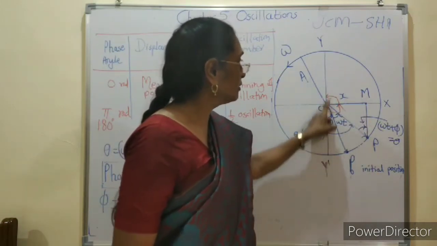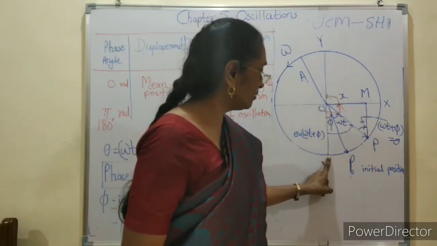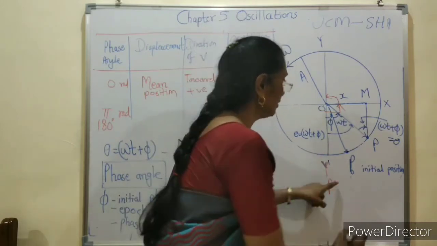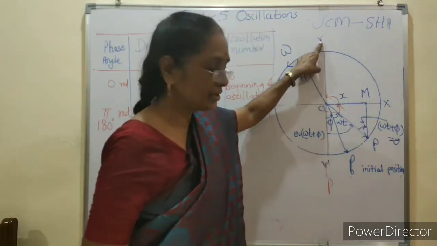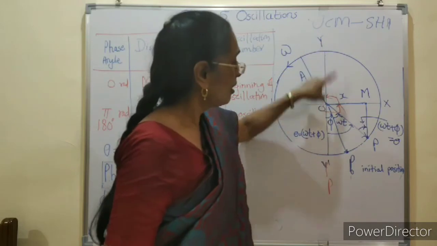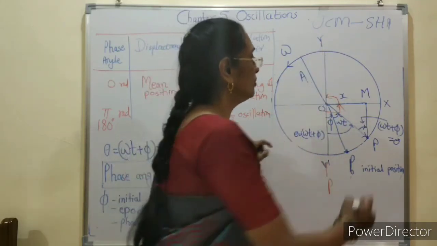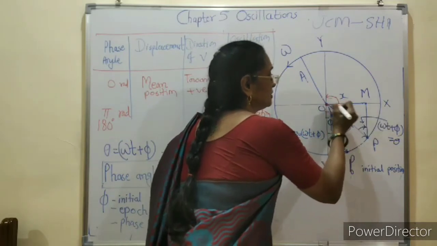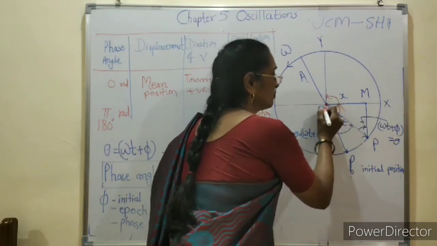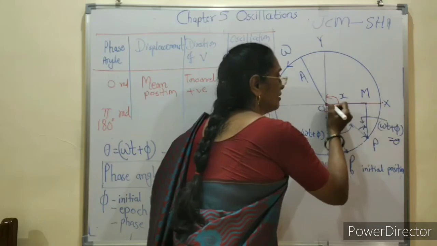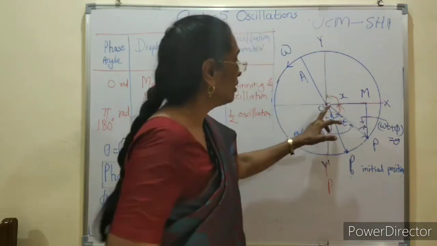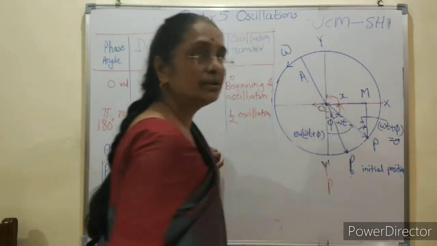Particle P started from here, it is at point Y. 180 degrees completed, half oscillation is completed, but particle M has performed the motion from O to X and again from X to O. Now it is going towards the negative.